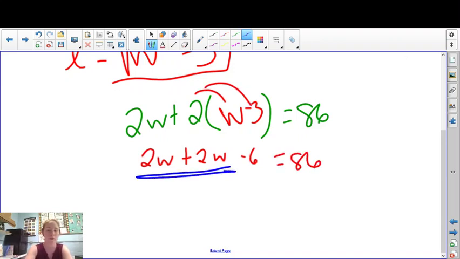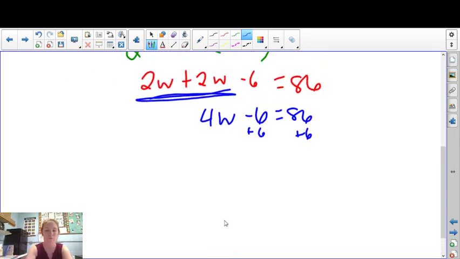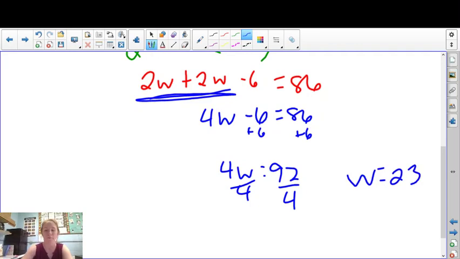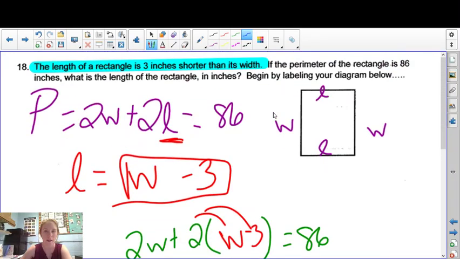We're going to go ahead and combine our W's. So I have 4W. We're going to add our 6, which gives me 92. And 92 divided by 4 is 23. And it asked me for the length.